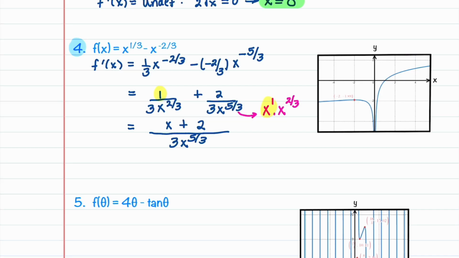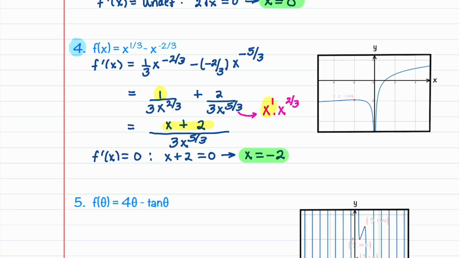Now to find the critical number, we're going to take our derivative and set it equal to 0. So we're going to take the numerator and set it equal to 0. So we have x plus 2 is equal to 0, and this gives us x is equal to minus 2. So x is equal to minus 2 is a critical number.